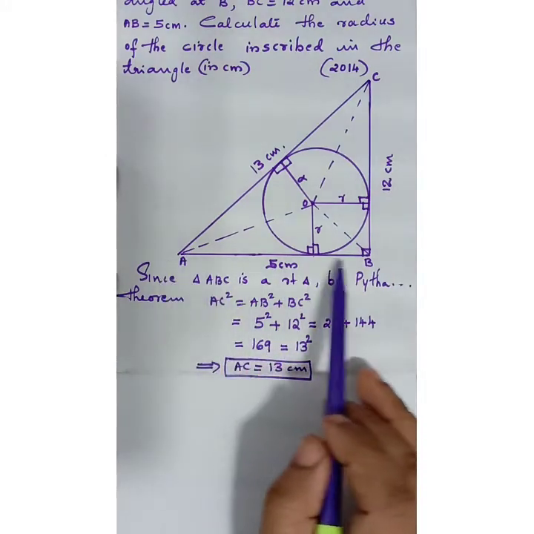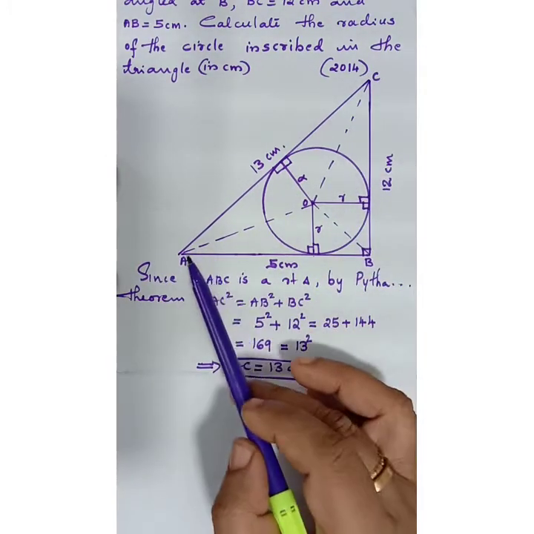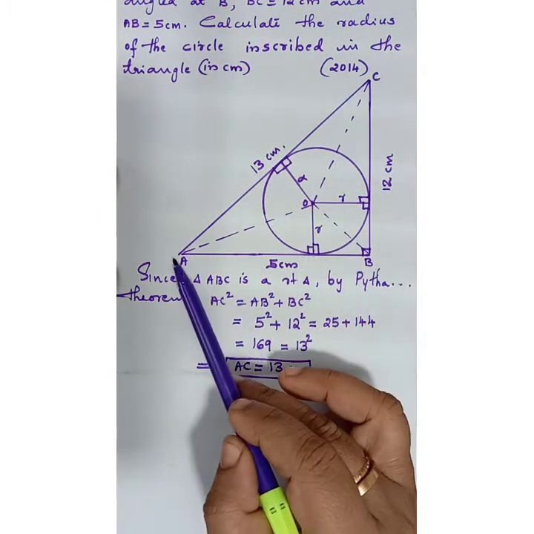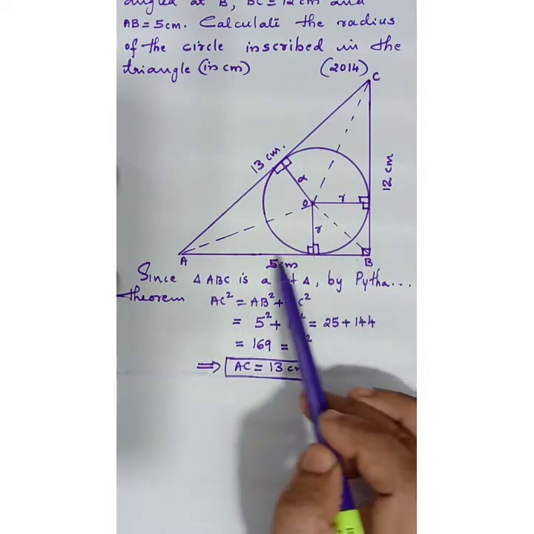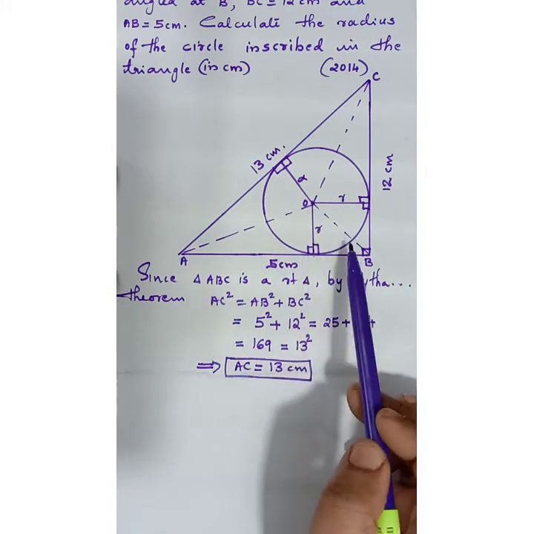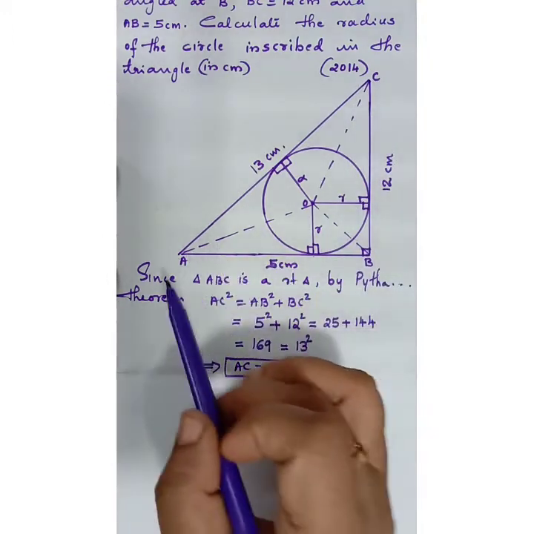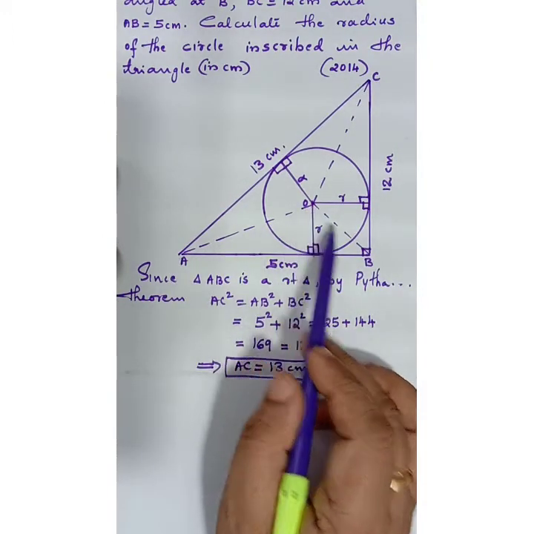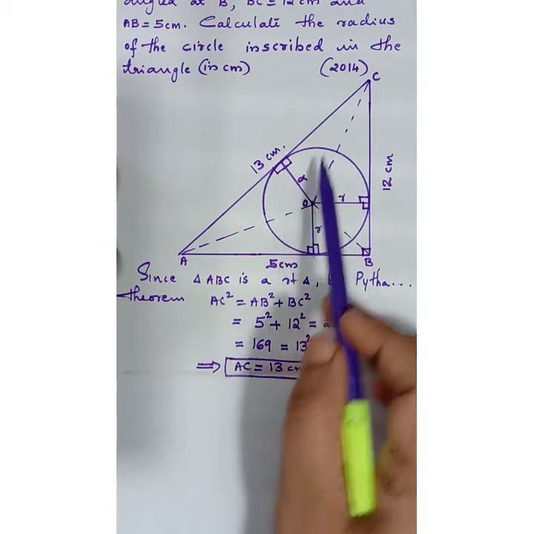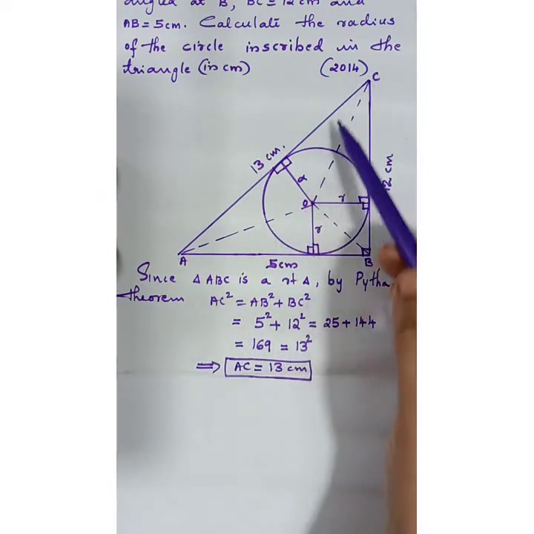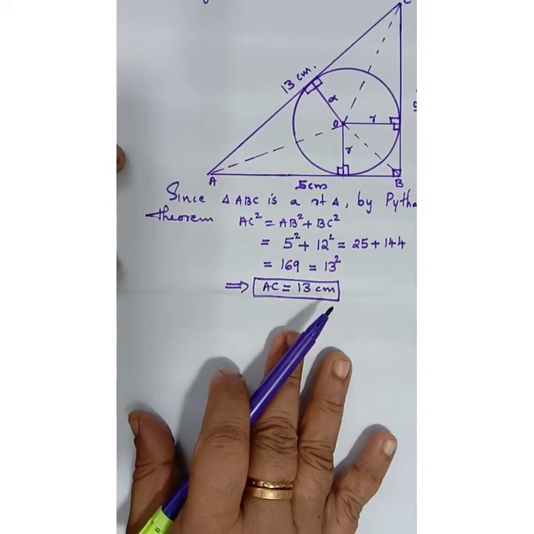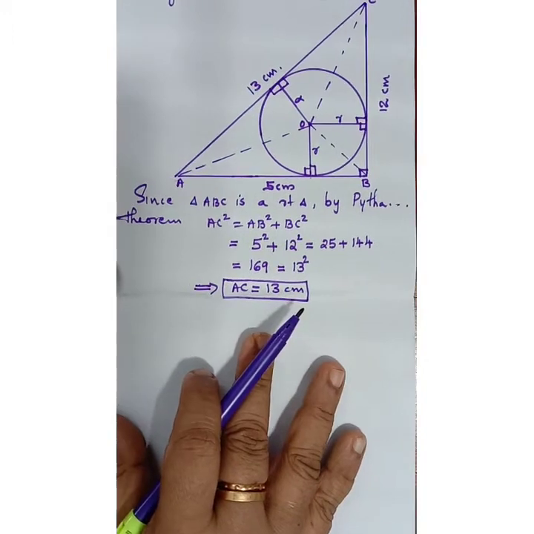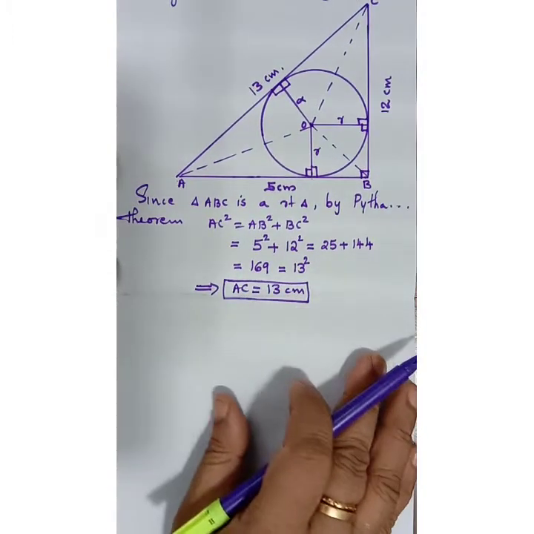So triangle ABC has three triangles, and the sum of their areas will be equal to the area of triangle ABC. Which are they? Area of triangle AOB plus area of triangle BOC plus area of triangle AOC. Therefore, from this we will get R.